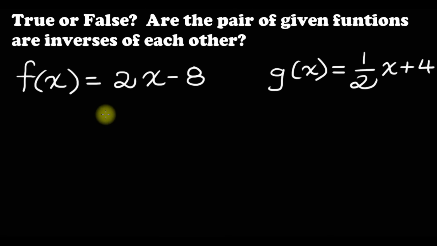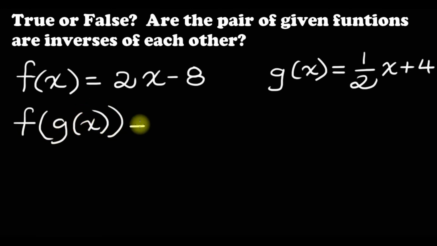Now to show that f of x is the inverse of g of x and g of x is the inverse of f of x, okay, you have to show that these two are true. So you have to show f of g of x.